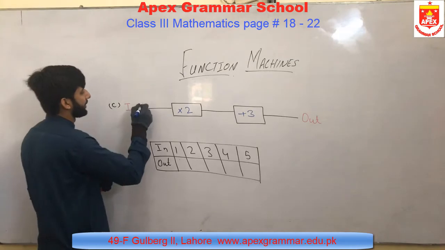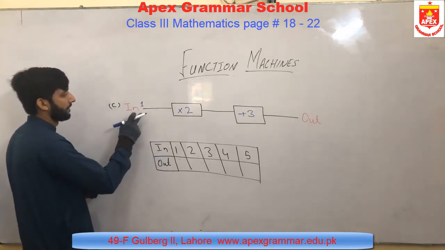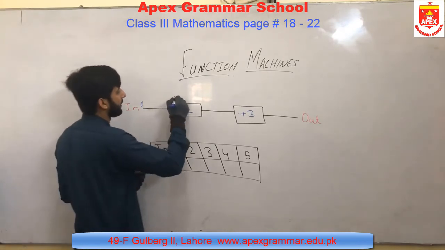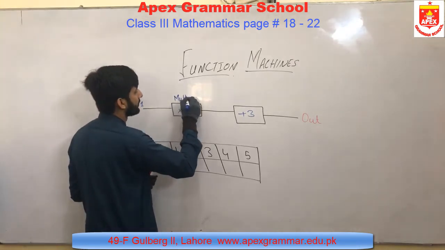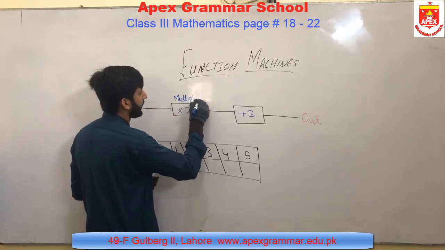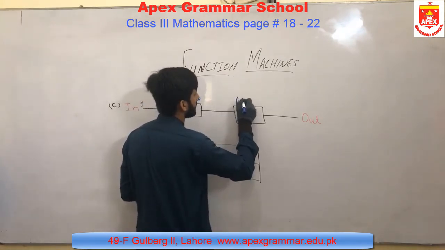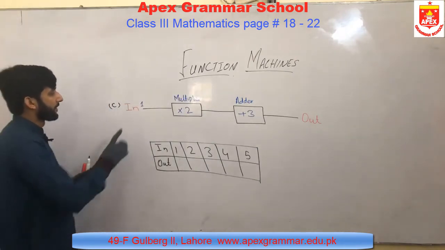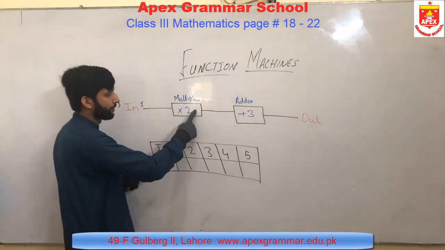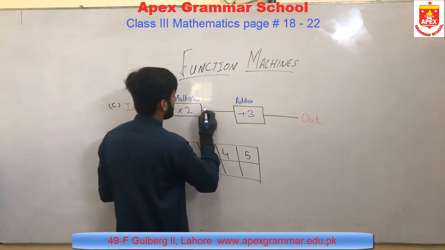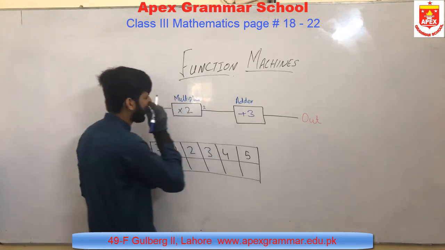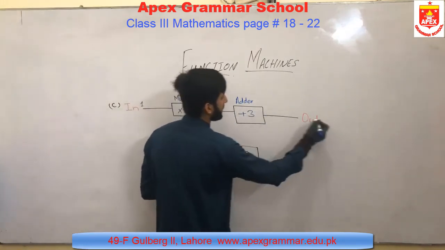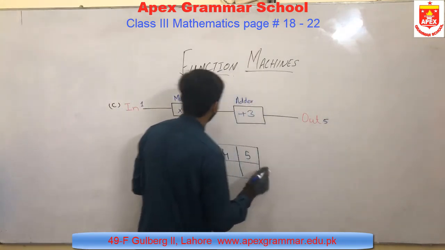When number 1 will come here, first of all this will pass from the multiplying box. This is the multiplier and this is the adder. 1 into 2, it's 2. When it comes outside, this is 2, and when it enters this box, plus 3, 2 plus 3, the first outcome is 5.